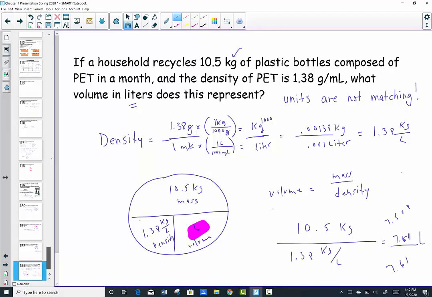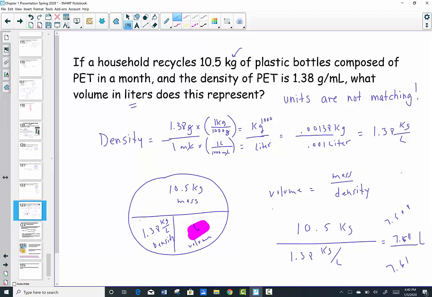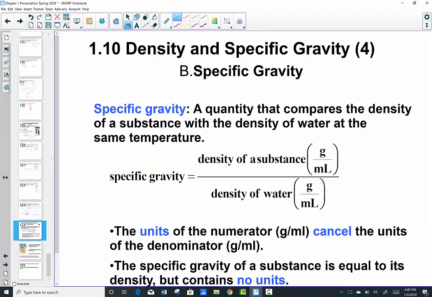That was a good one to practice with, wasn't it? The term specific gravity is very much the same as density. It's just a comparison of a different substance's density to that of water. We know that water has a density of 1 gram per mil at 4 degrees Celsius, so 1. What's really interesting about specific gravity is that it turns a density unit into a unitless number because it's comparing it to the specific gravity of 1.